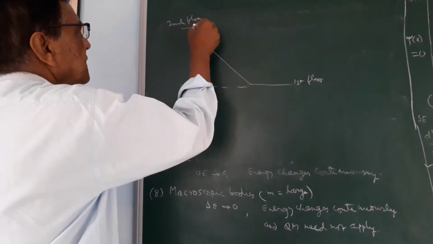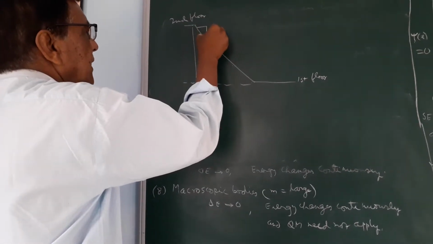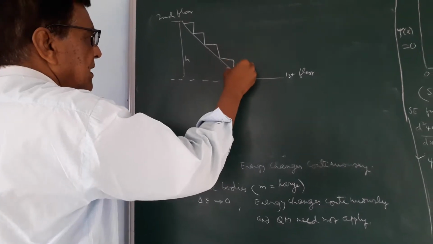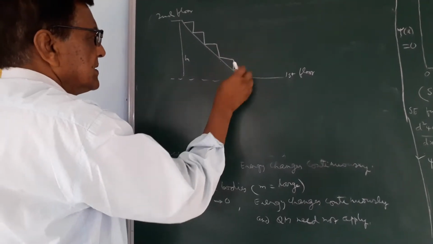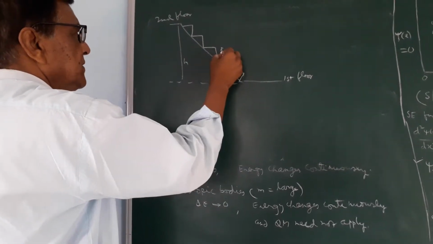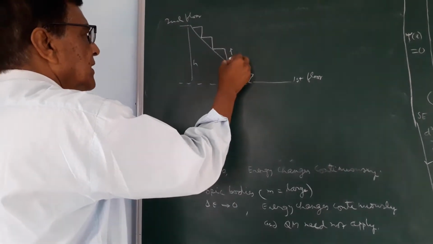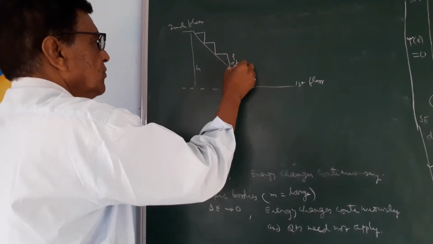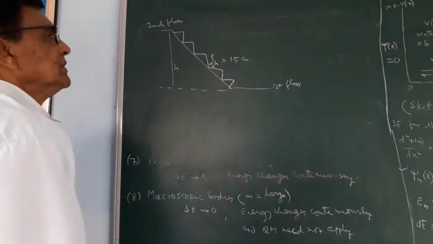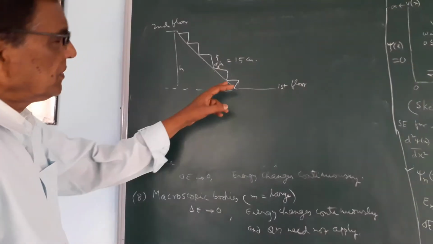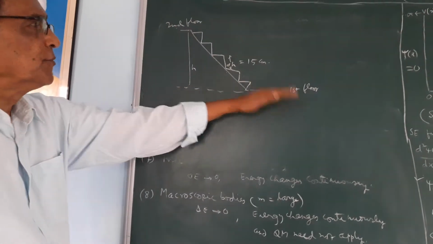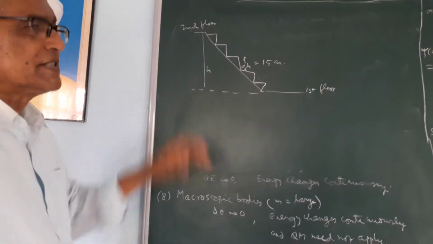If we keep a staircase, these are the steps, and suppose each step is equal to delta h, say 6 inch, which is about 15 centimeter. Whenever you make steps to go from the first floor to the second floor, the height is now quantized.